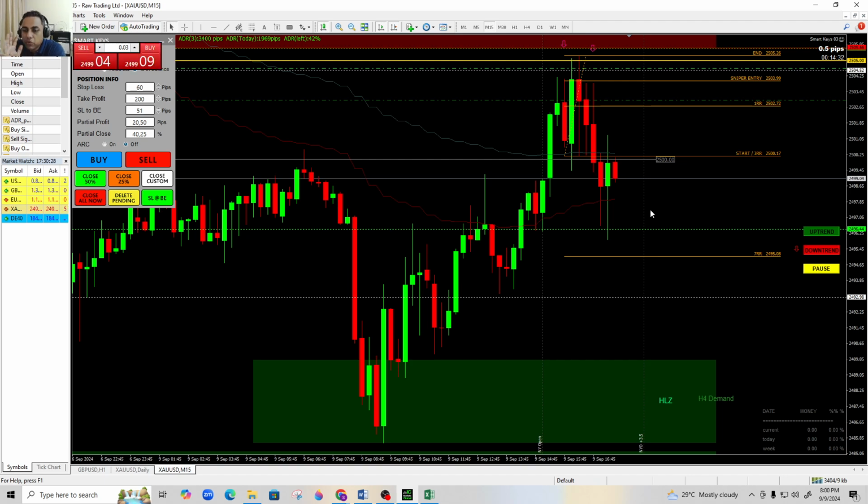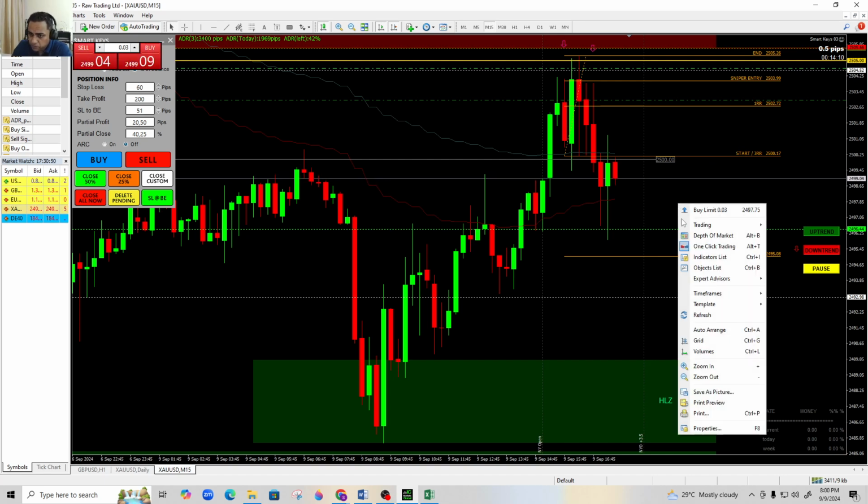It's very important not to get trapped within that hour, within that first 45 minutes of the new 4-hour candle open. A lot of traders do. They get trapped within that first 45 minutes to an hour of the new H4 candle open.